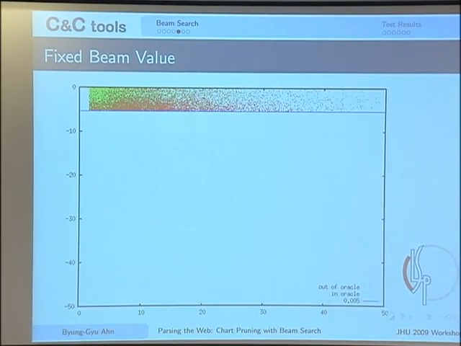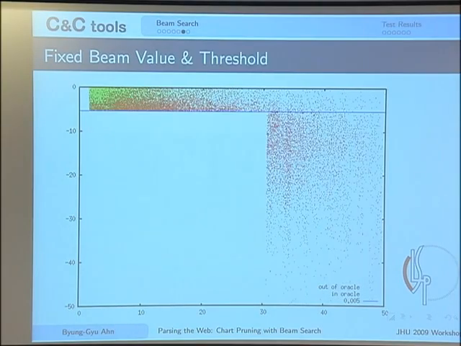In this case, we apply the beam ratio of 0.05, which is about -5 in log scale. Hence the graph. We could apply beam search only for shorter spans, as you can see here.